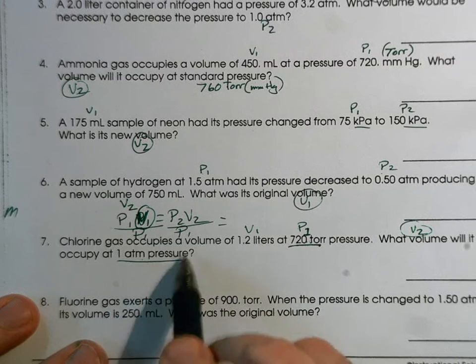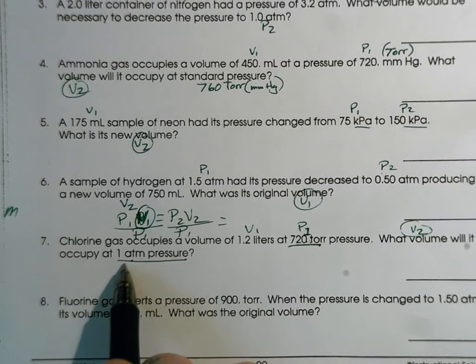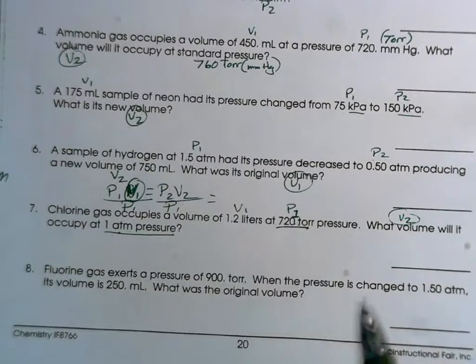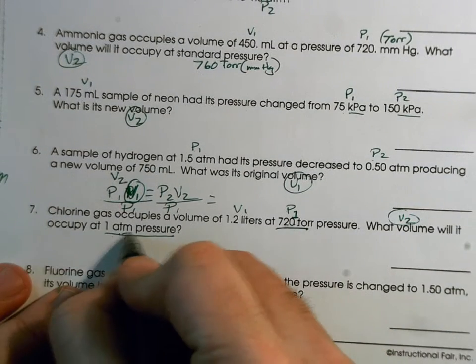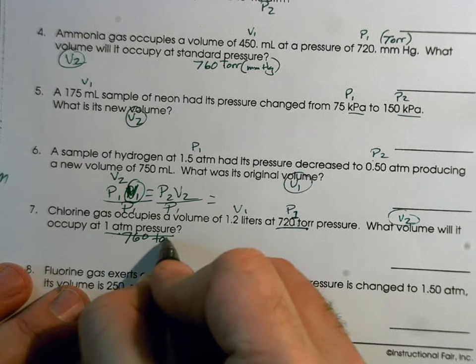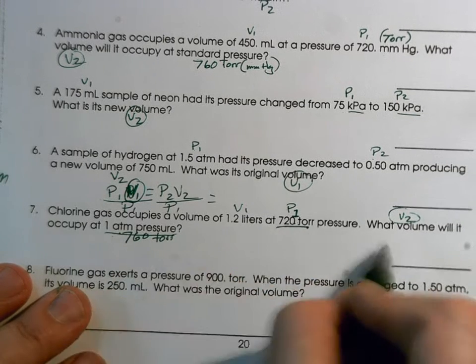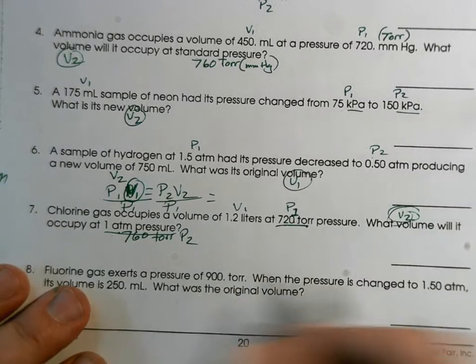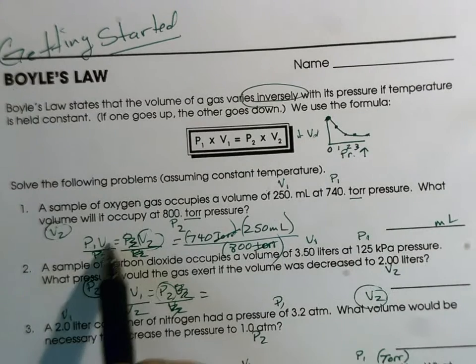It's way easier to change this, because 1 atmosphere is how many torr? 760 torr. So that's 760 torr, and that's going to be pressure 2. We're just looking for volume 2. Set it up just like that, pressure 1 V1 over pressure 2.